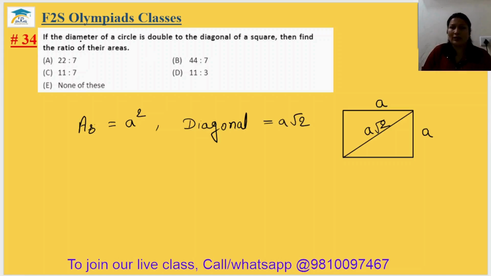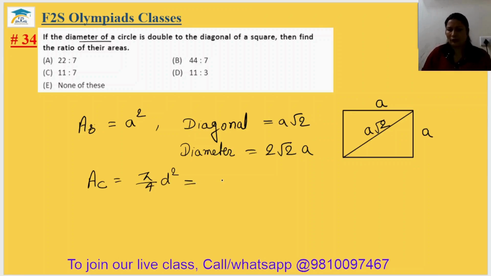So if the diameter is doubled, the diameter will be 2 root 2 A. So area of the circle will be pi by 4 d square, where d is the diameter here. So that is pi by 4 d square, which means 2 2s are 4, multiplied by 2, multiplied by A square. 4 cancels, and it is your 2 pi A square.